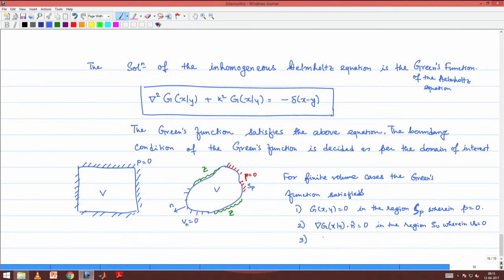So, therein again you will have this ratio of g(x, y) to gradient g(x, y) dot n specified in the region S_Z, where impedance is specified.